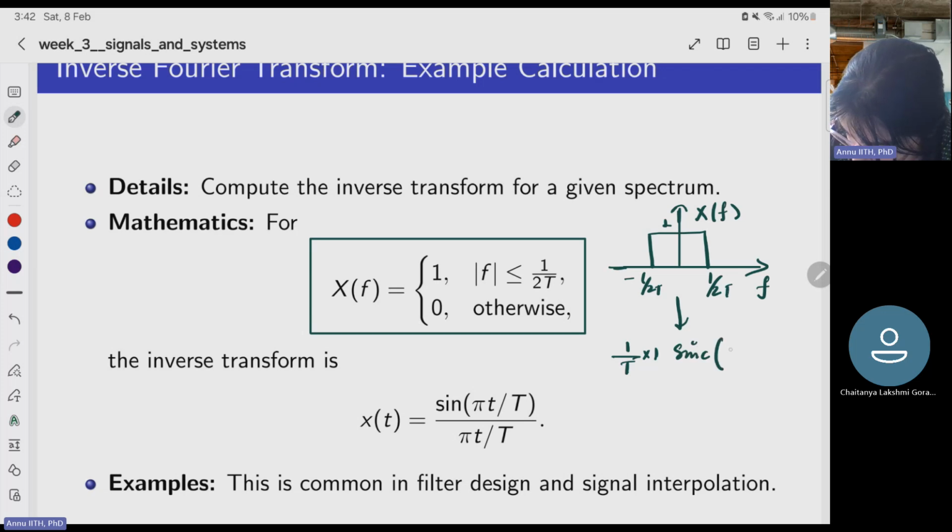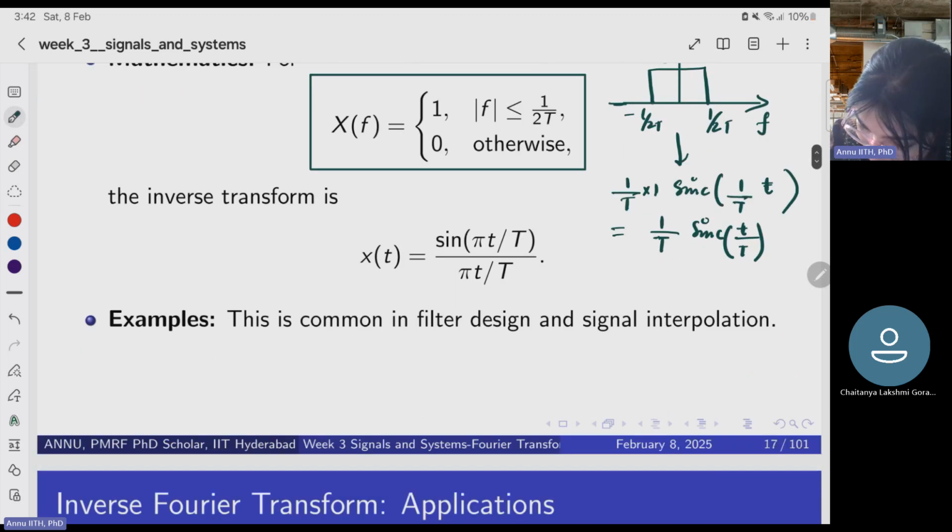And this is sinc f, and this is in t, and this is the pulse width. So 1 by 2 plus 1 by 2 gives 1 by t. So it is 1 by t, sinc t by t.